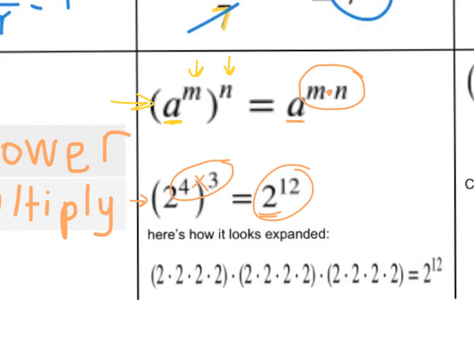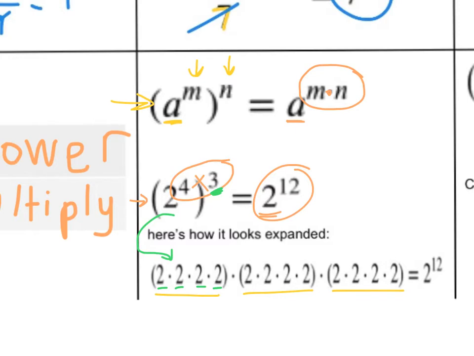So here's how it looks when we expand it. 2 to the 4th power is right here. In parentheses, we have 2 to the 4th power. So we expand it, 2 times 2 times 2 times 2. And then the raised to the 3rd power means there's 3 groups of this.